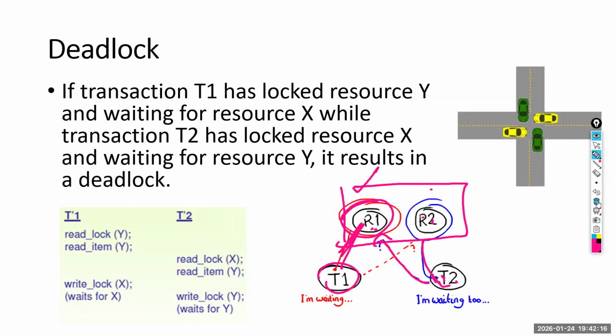Sir, in your example you are showing both as read locks, right? So there's a shared lock. What can be the problem with that? Yeah, that is a good question actually. Those are shared locks.